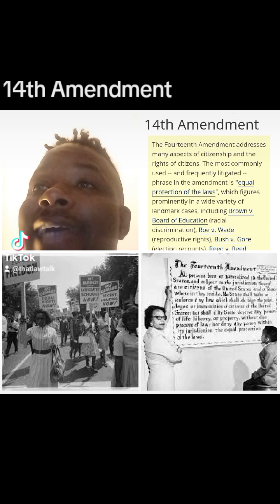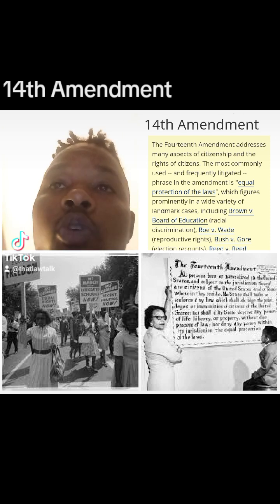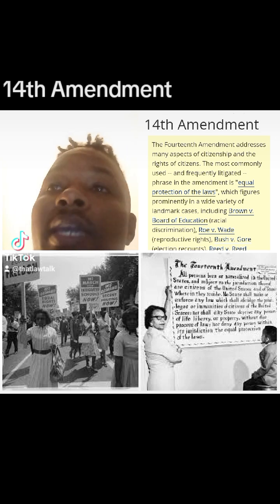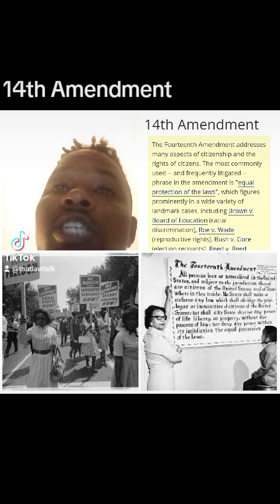But when the right to vote at any election for the choice of electors for president and vice president of the United States, representatives in Congress, the executive and judicial officers of the state, or the members of the legislature thereof, is denied to any of the male inhabitants of such state, being 21 years of age and citizens of the United States, or in any way abridged, except for participation in rebellion or other crime, the basis of representation therein shall be reduced in the proportion which the number of such male citizens shall bear to the whole number of male citizens 21 years of age in such state.